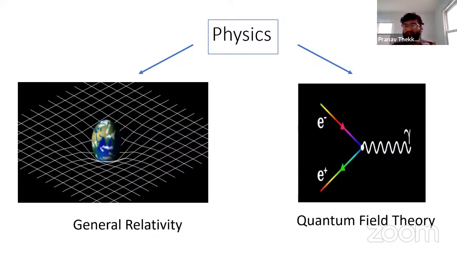General relativity deals with space and time, and quantum field theory is mainly dealing with matter. These are the two pillars of physics, you can say.